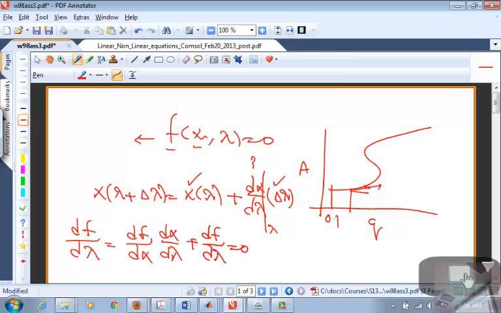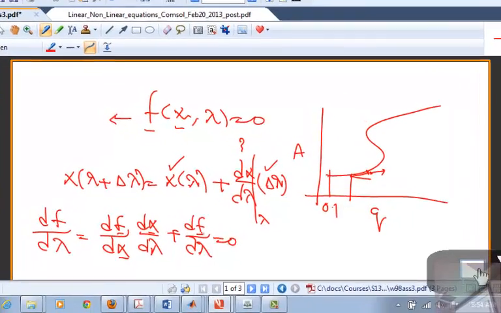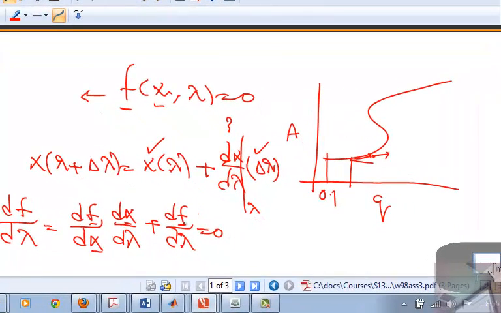Now it is a vector equation, right? So f is a vector, x is a vector. So there are actually n components of that vector. Okay. So I already know what df dx is. What is that? That is my Jacobian. This is why I need to evaluate the Jacobian accurately. Okay. And what I'm interested in is calculating what this tangent vector dx d lambda is. That is what I need in here.